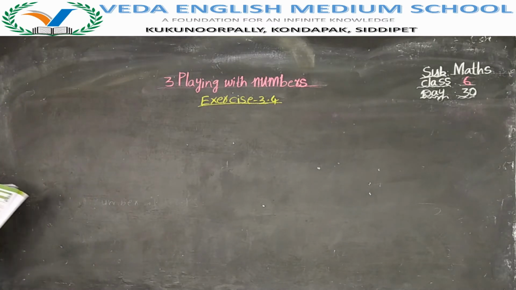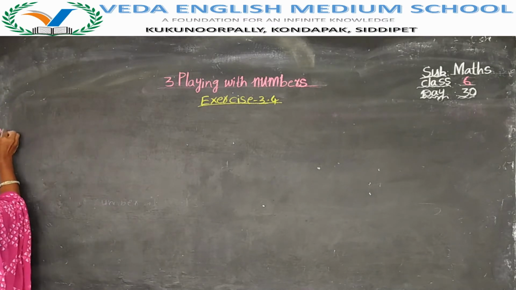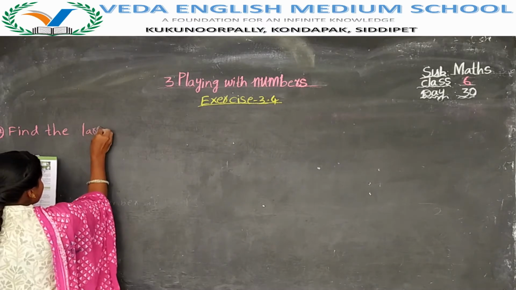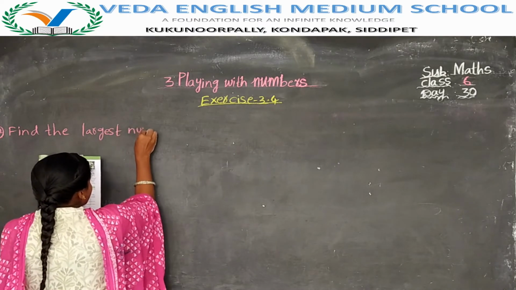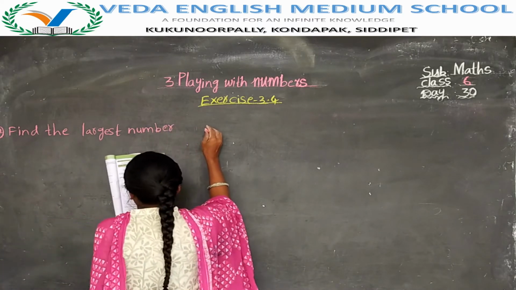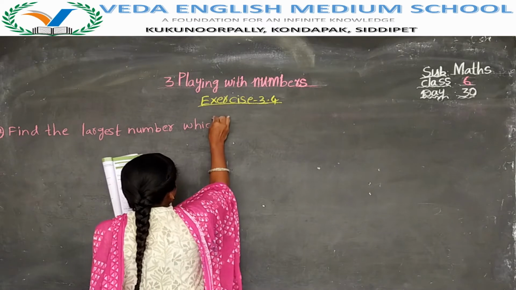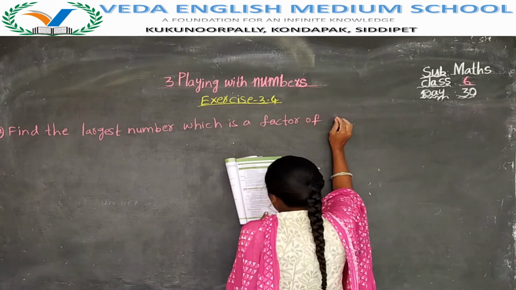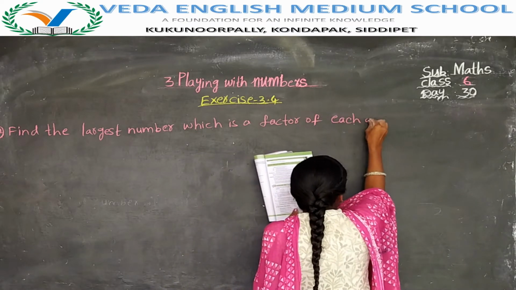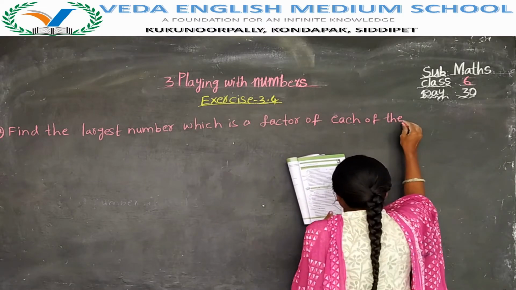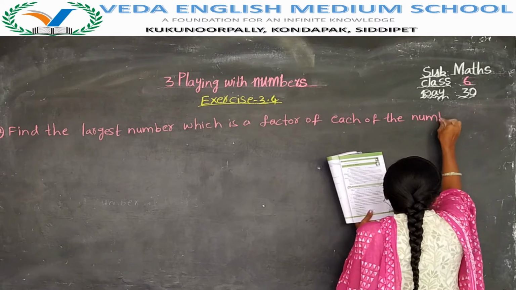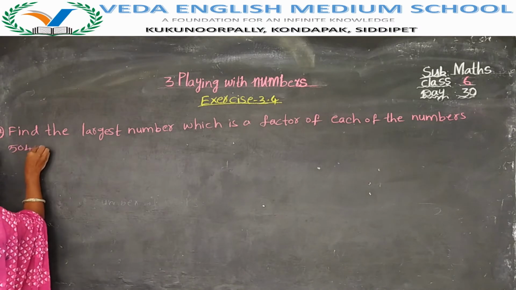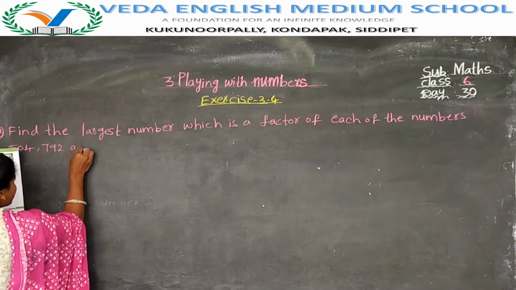Second bit is: find the largest number which is a factor of each of the following numbers: 504, 792 and 1080.